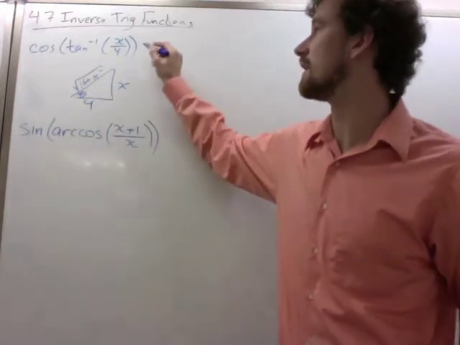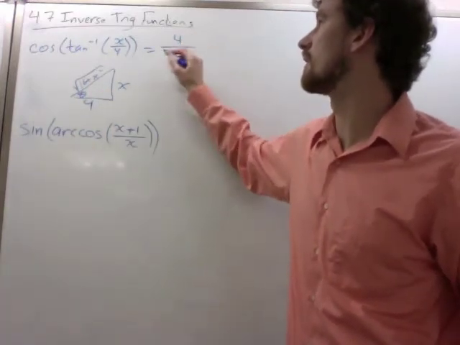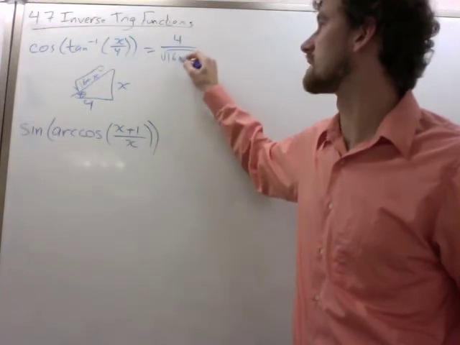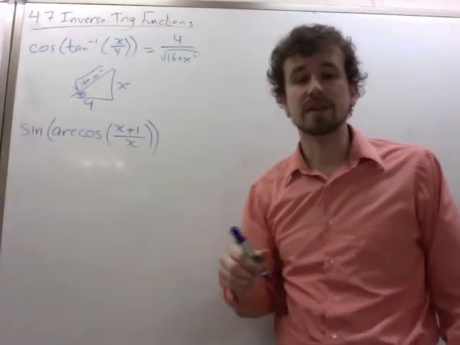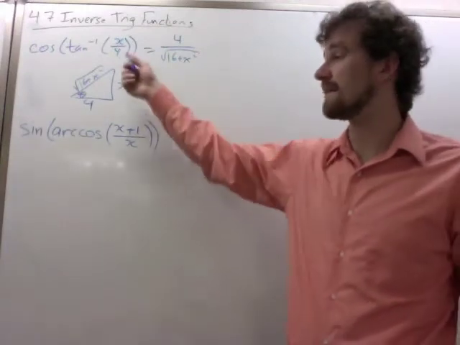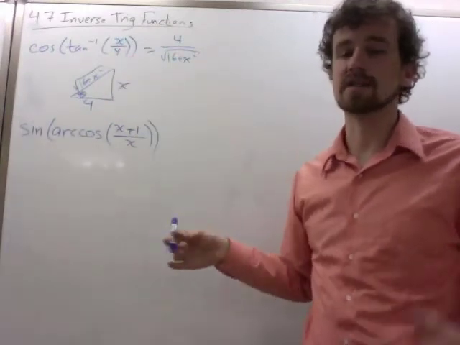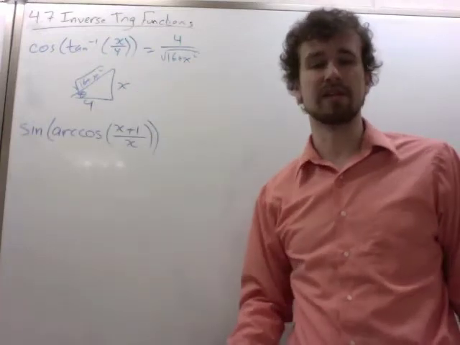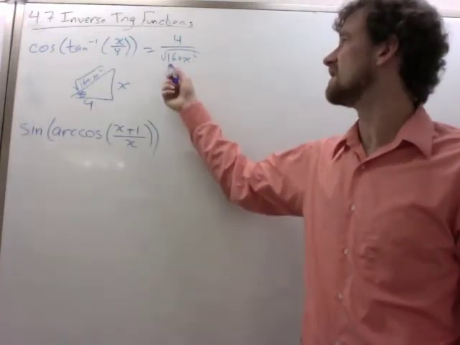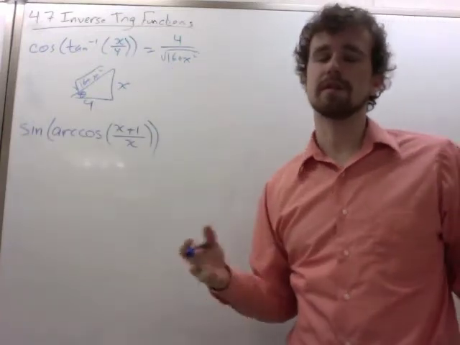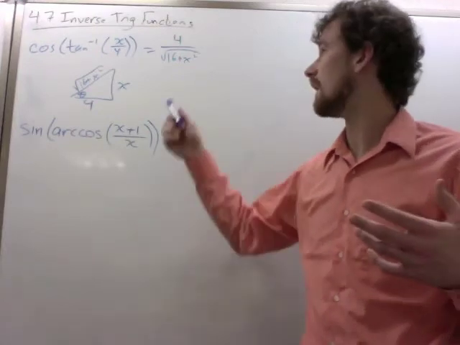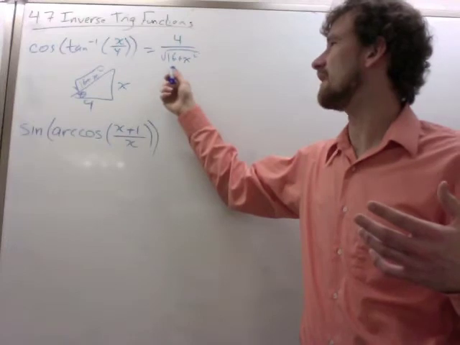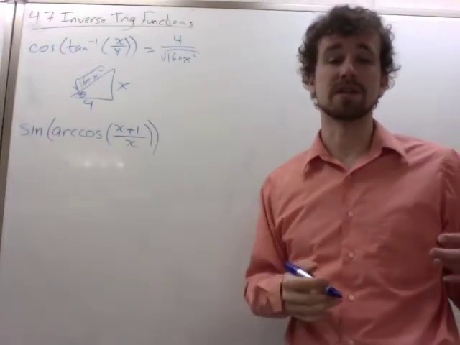Cosine of that angle is 4 over root 16 plus x squared. So even though we don't have a value here, we can still find an algebraic expression for the cosine of the arctangent of x over 4. With a variable expression, you don't really know if it's going to be rational or irrational, so you don't need to worry about rationalizing your denominator.